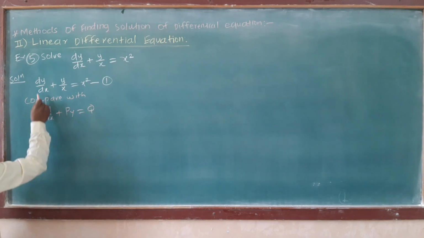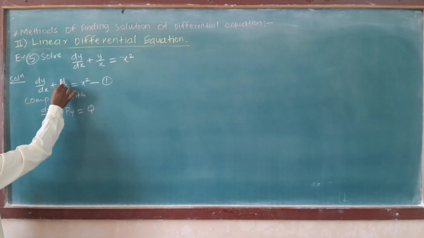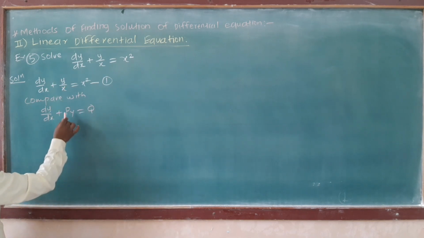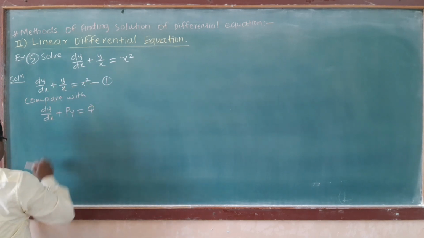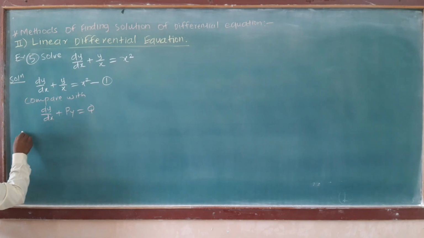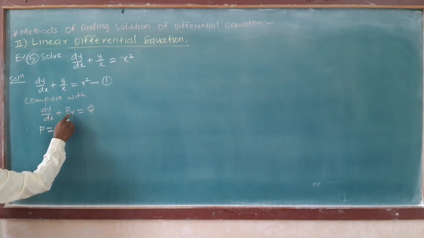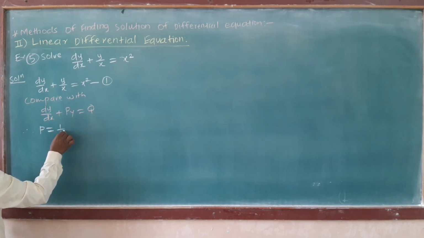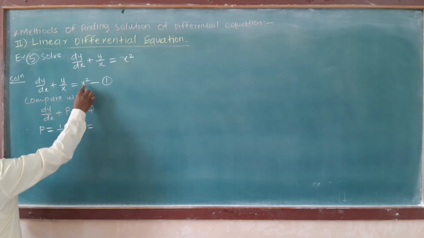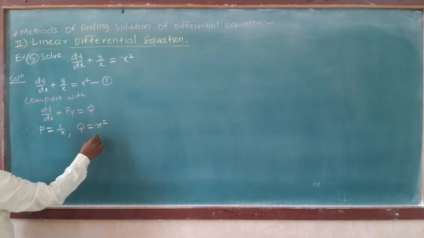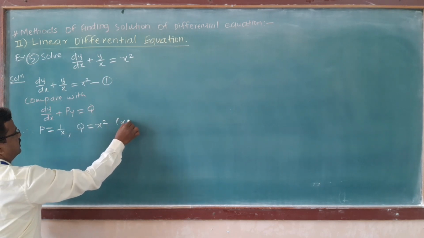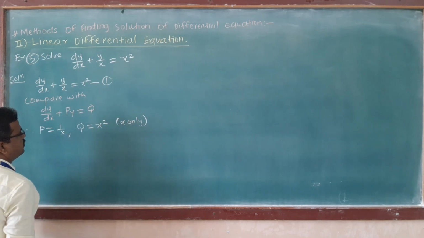Here the coefficient of dy by dx is 1, here is y, here is also y. p means the coefficient of y, which should be a function of x, that is 1/x, and q is the right hand side, x square. These are the functions of x only.